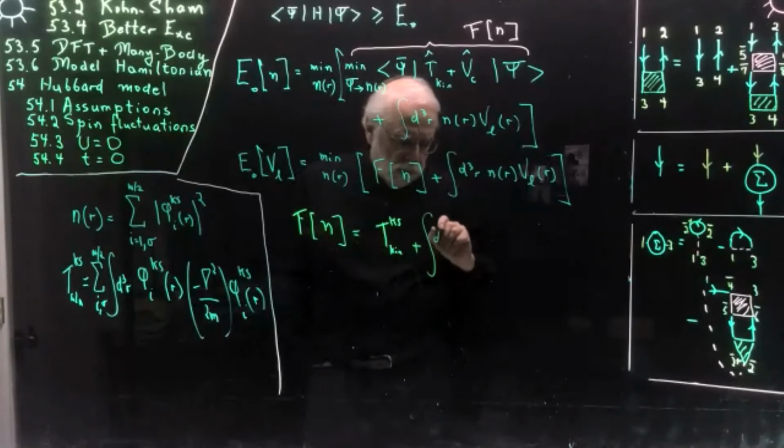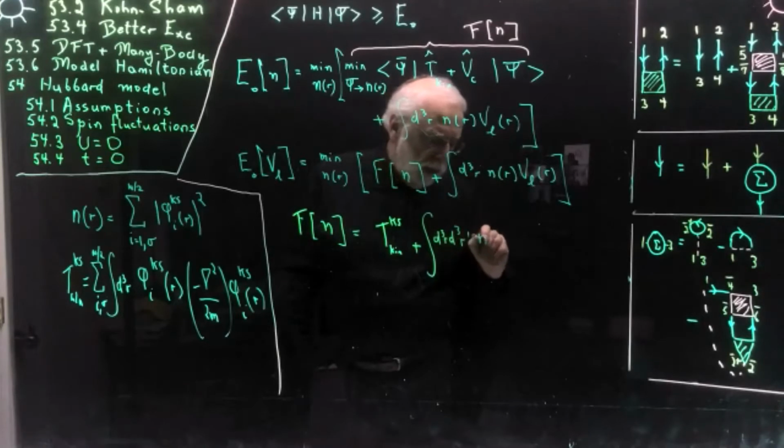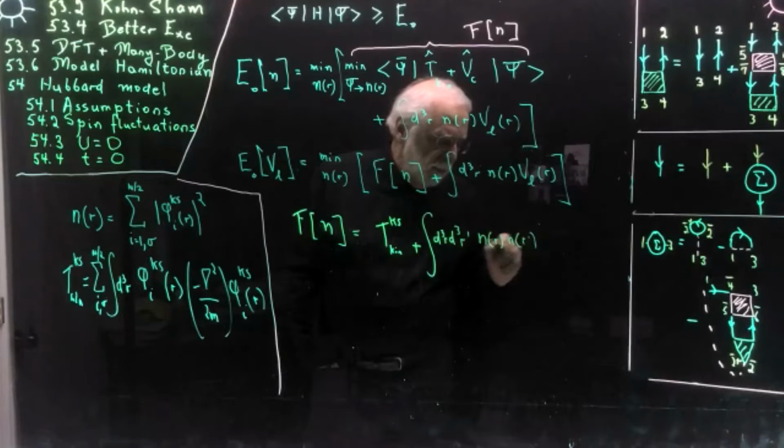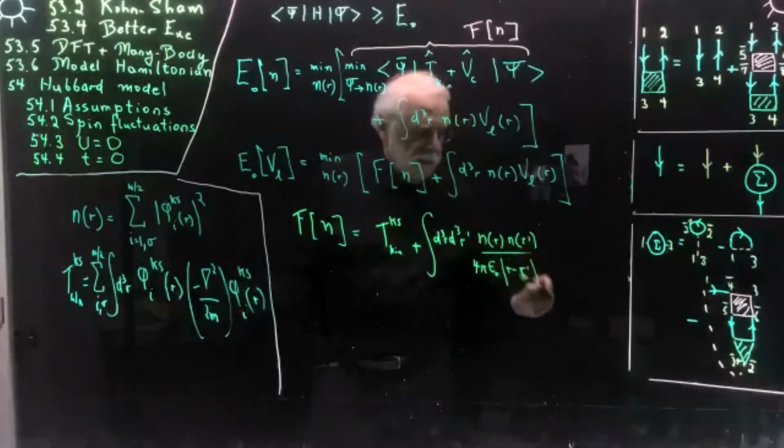So it's the integral d cube r prime times n of r prime divided by 4 pi epsilon 0 times the absolute value of r minus r prime.